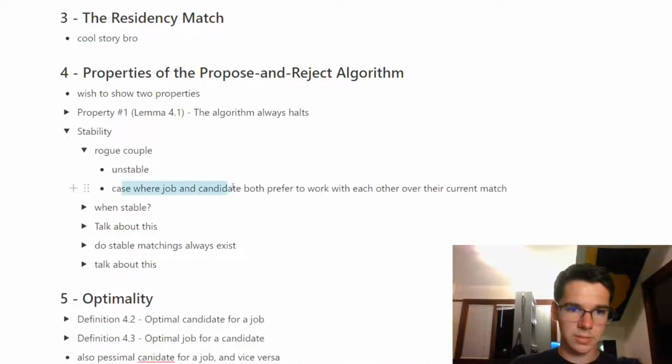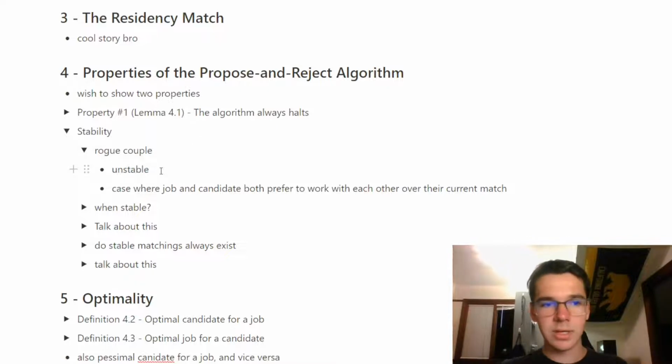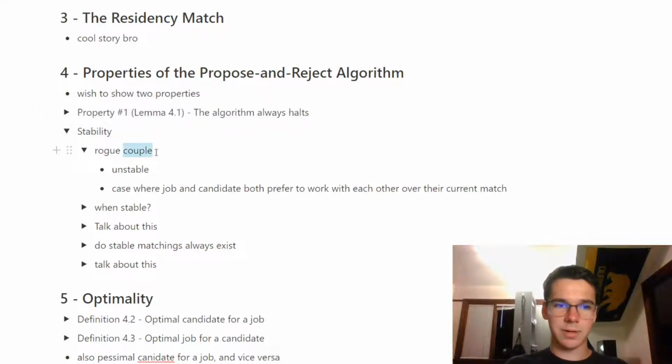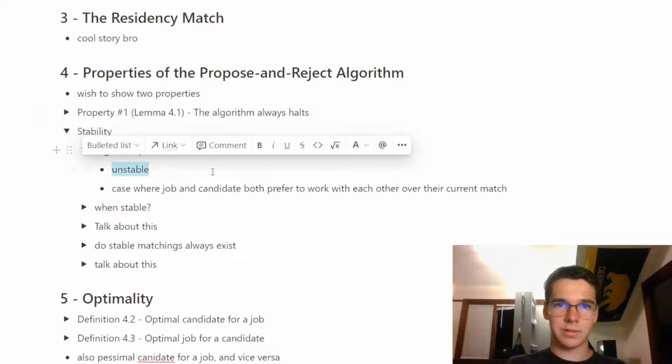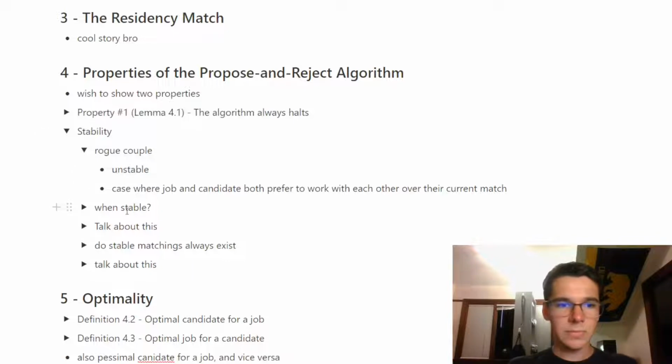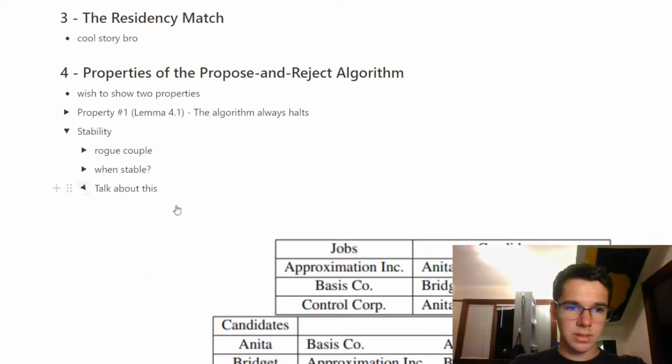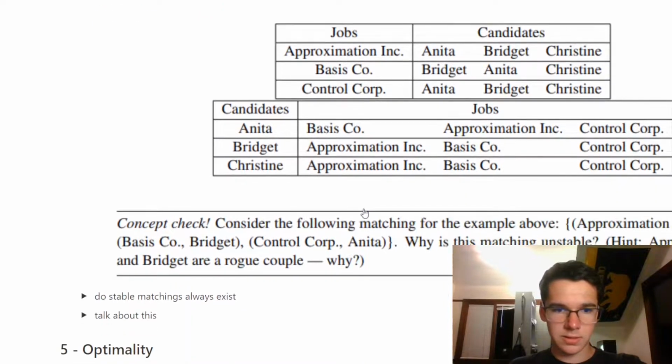So it's a case where a job and candidate prefer to work with each other over their current matches, and this is considered unstable. To boil it down, in order to have stability, we can't have any rogue couples, because rogue couples are unstable. So that's when we're stable.